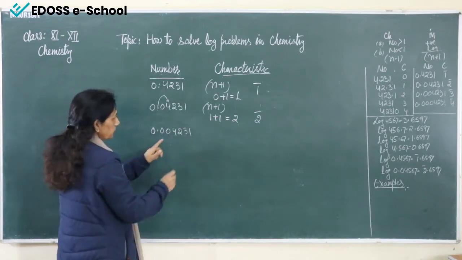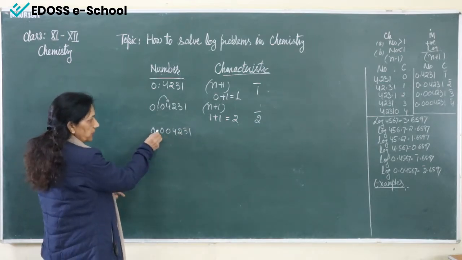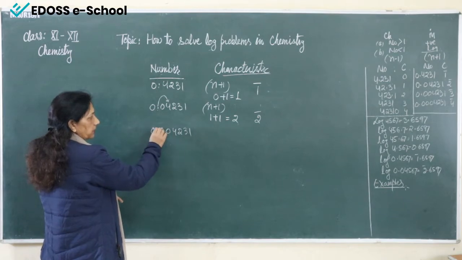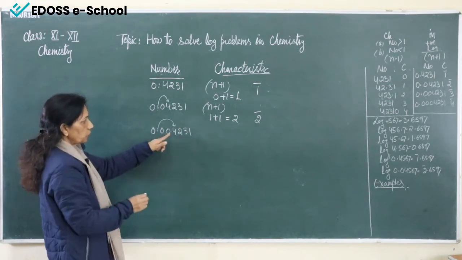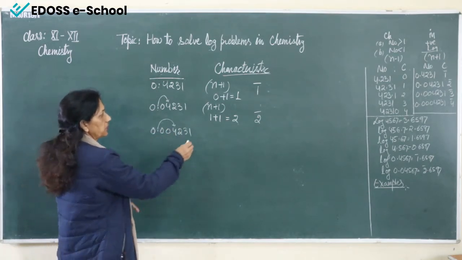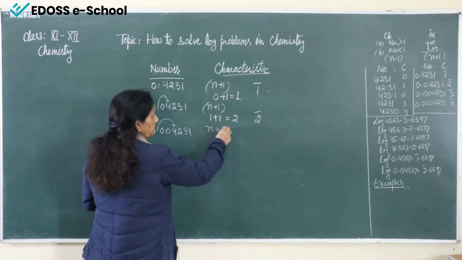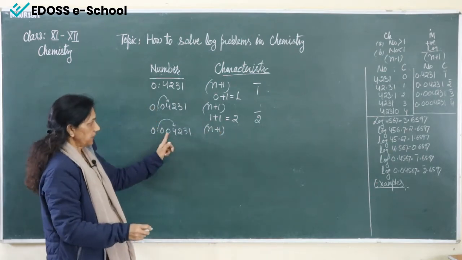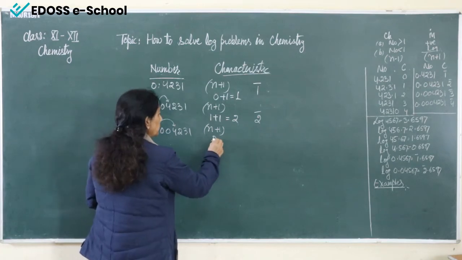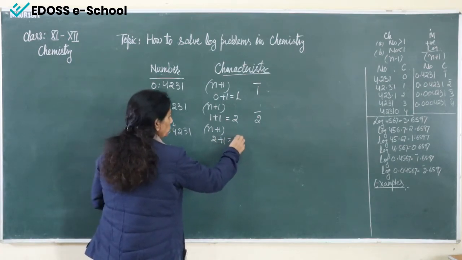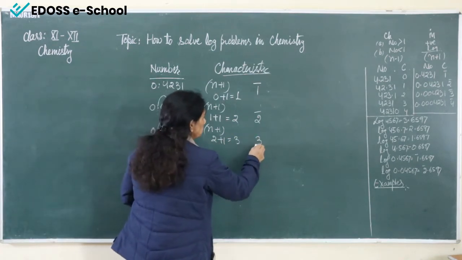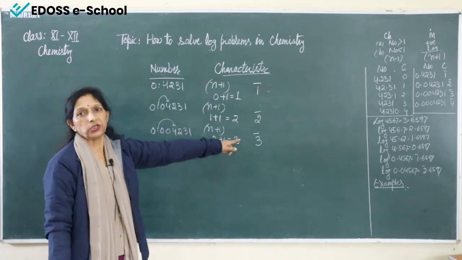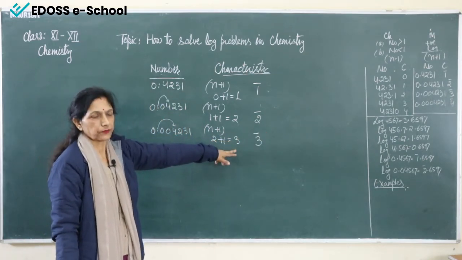Now for the same number, see here, this is 0.004231. Between decimal and the first significant figure, 2 zeros are coming. That means if the same formula n plus 1 we are implementing, n is 2. So we will write 2 plus 1 is equal to 3, or its characteristic will be 3 bar or 3 negative.